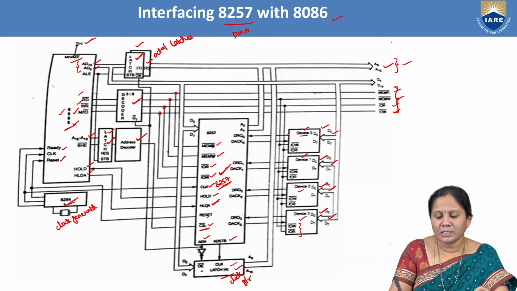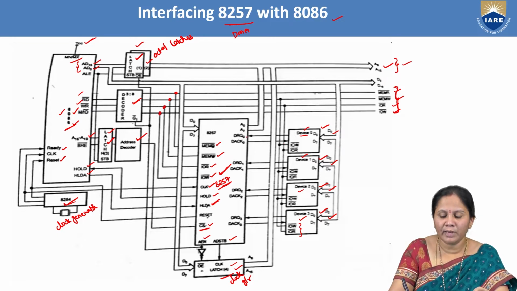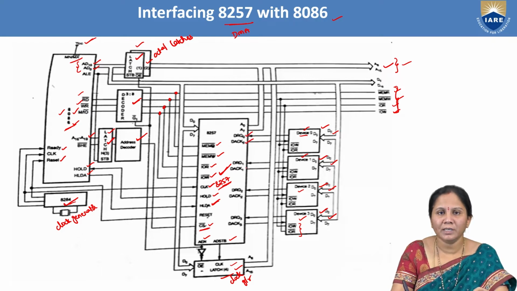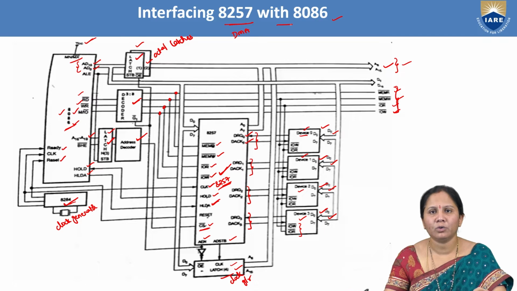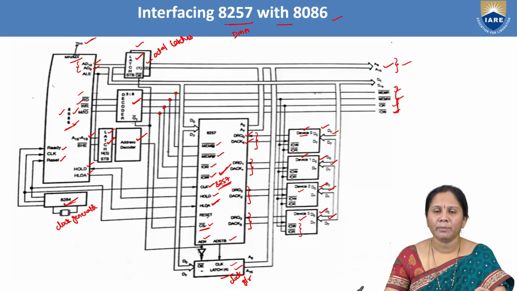For each channel, one IO device is connected, and for each device we will have their own DMA request and DMA acknowledgement signals. So each device can communicate with the 8257 DMA controller by using the related DMA request and DMA acknowledgement signals. In this way, we have to interface the 8257 DMA controller with the 8086 microprocessor.